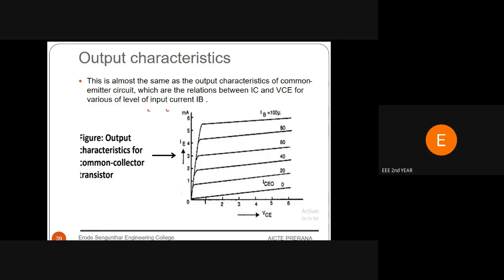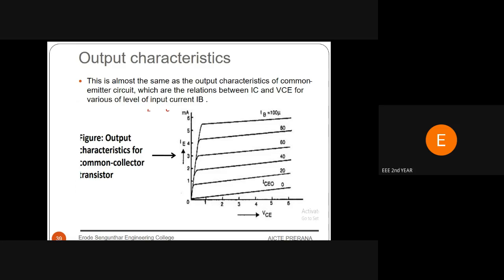This characteristics is also divided into three regions: active region, cutoff region, and saturation region. In the active region, emitter base junction is forward bias, collector base junction is reverse bias. In the graph, it is the middle portion of the region. In cutoff region, emitter base and collector base junction are reverse bias.